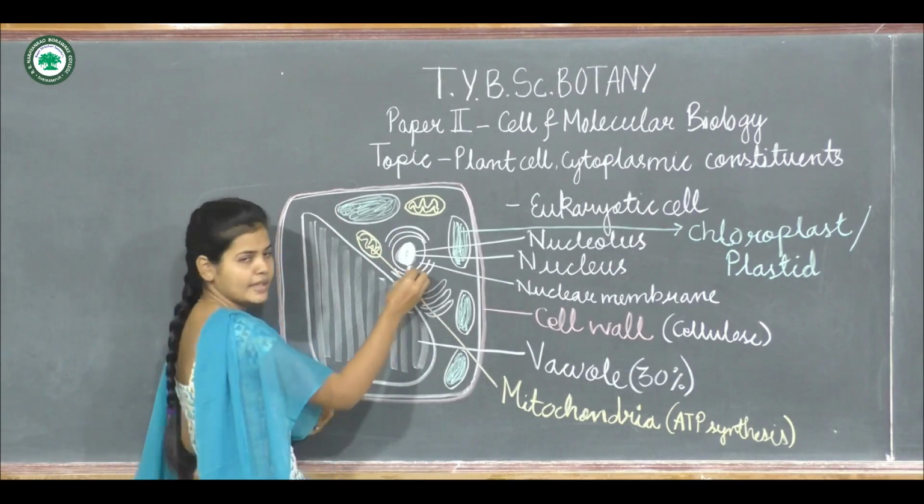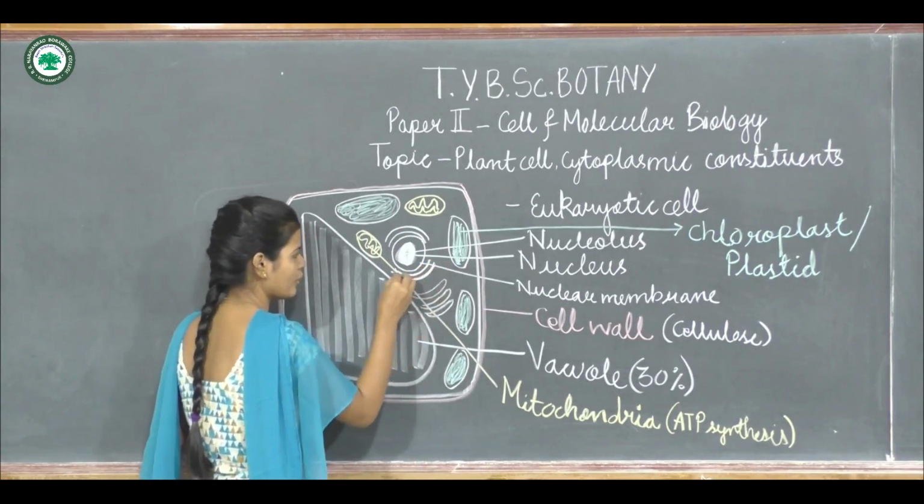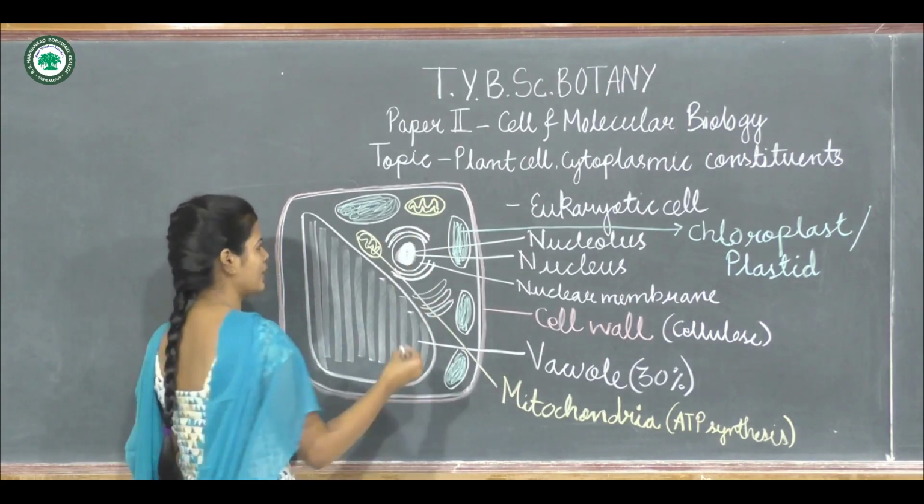the nucleus is surrounded by an organelle. Now this is the organelle. This is called an endoplasmic reticulum.